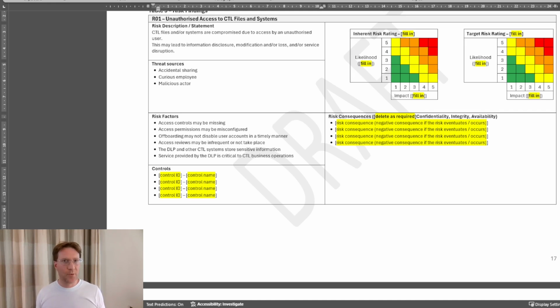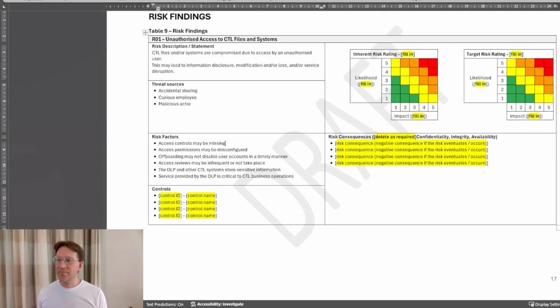If we then look at risk factors, we're looking at problems that may be there. Maybe we are aware of these, maybe we know they're there, or potential ones that could be there that are potentially making this risk worse. Since we're talking about unauthorized access, an easy one is access controls may simply not be there. If you have a small company, a small business, a startup, they may not have the IT expertise or the time and resources to go and properly think about who should access what and configure access.